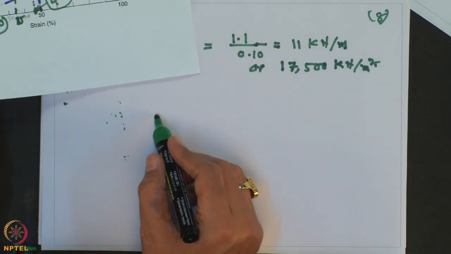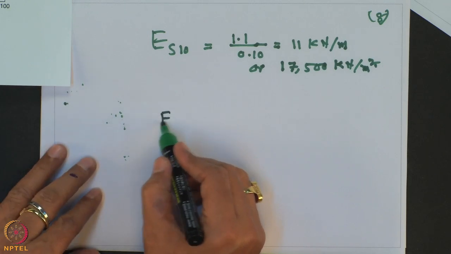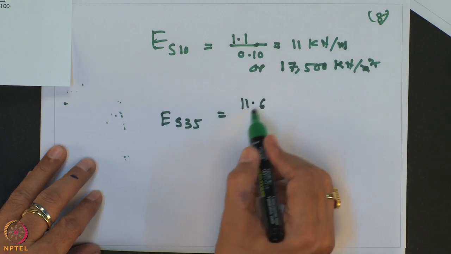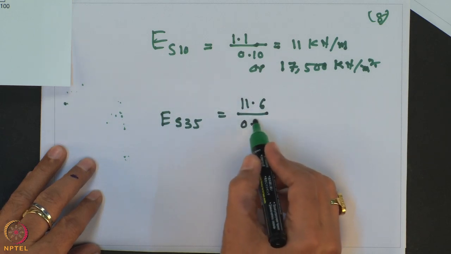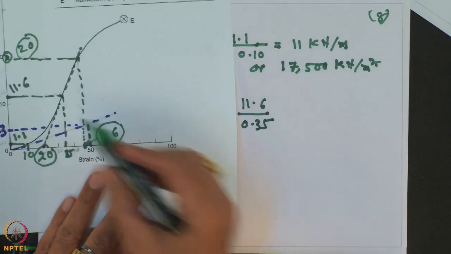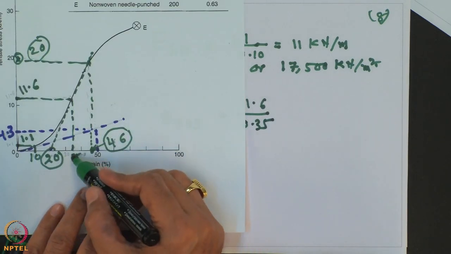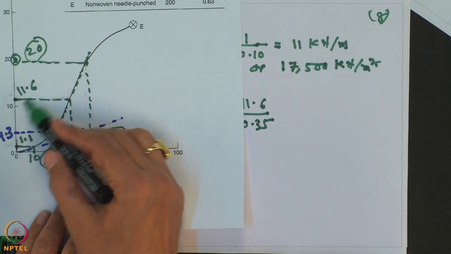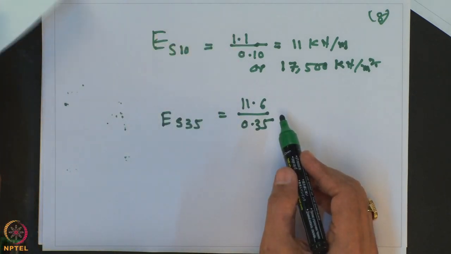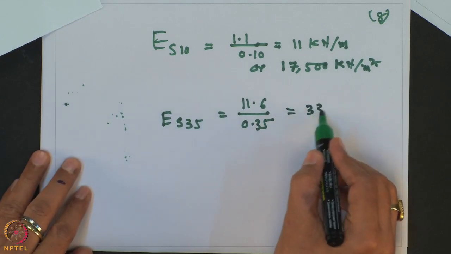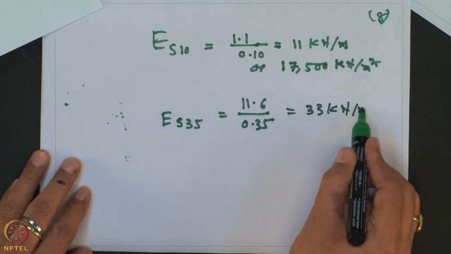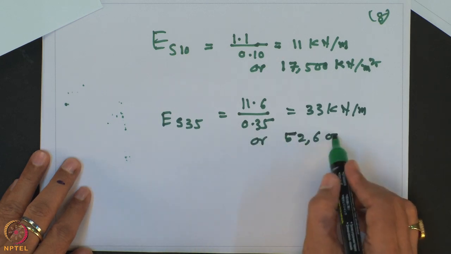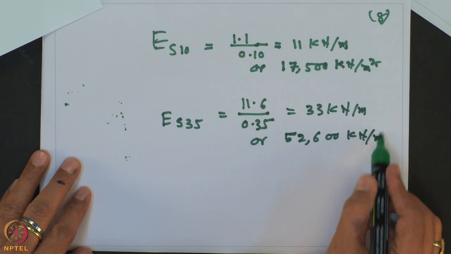So, for the 35% strain you can write ES 35 is equal to 11.6 divided by 0.35, because this is the 35 here, and this is the corresponding stress value 11.6. This will be 33 kilonewton per meter, or you can say 52,600 kilonewton per meter square.